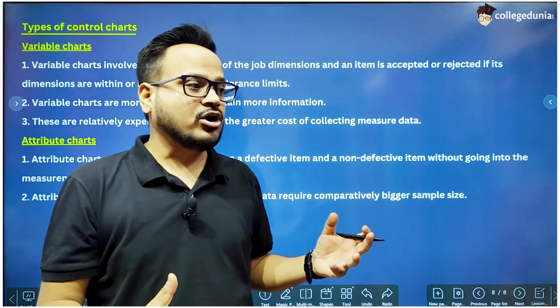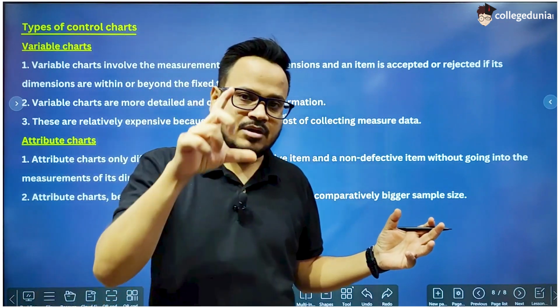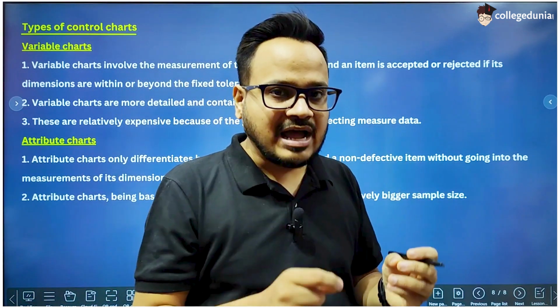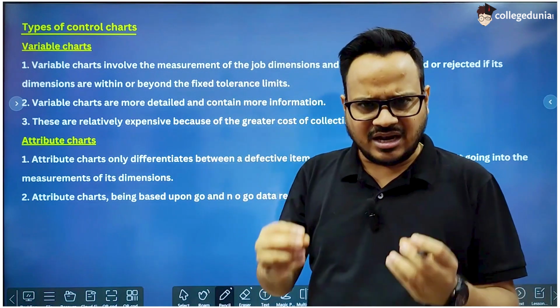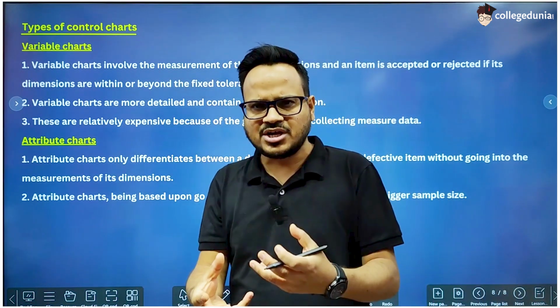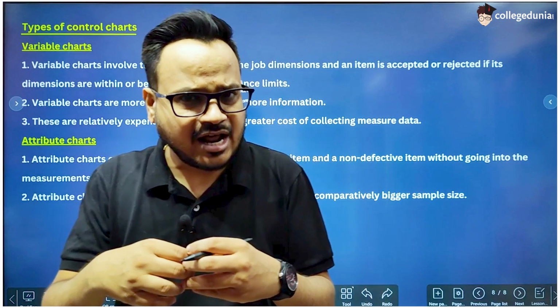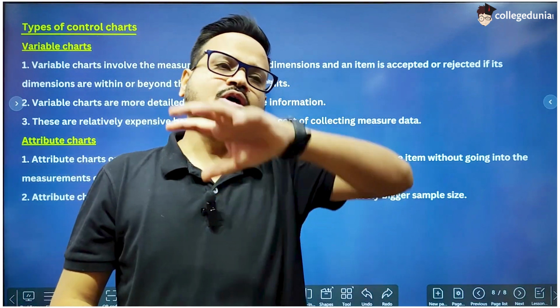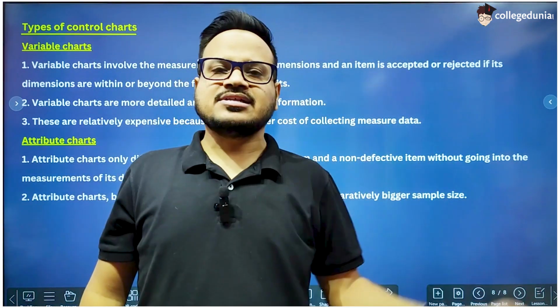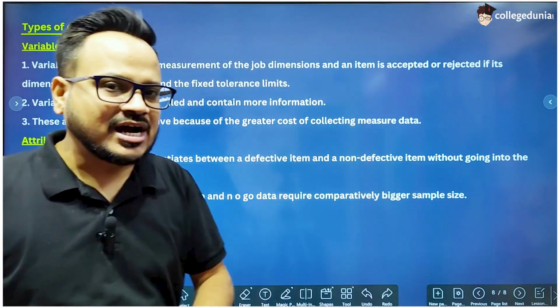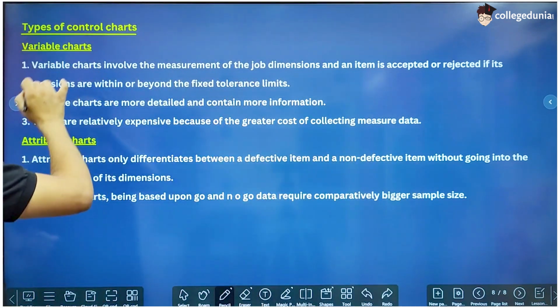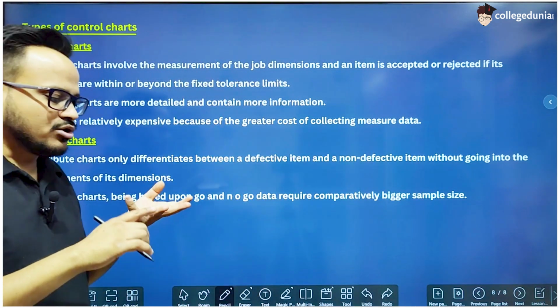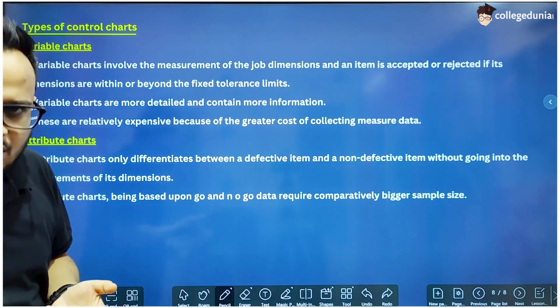There are other important parameters of the same part also, like the diameter, the density, the length, the material, the strength, the elastic limit, and there are many other factors. So when the control chart is drawn using all these data values, that is called the variable chart. Obviously, because all these data values are called variables.